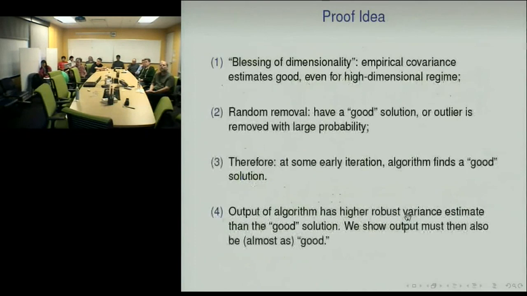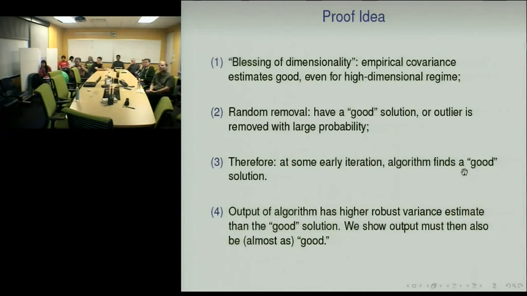Okay. So what's the proof idea? The proof is a bit lengthy, but there are several key points. So one key point is the blessing of dimensionality. So high dimensions, instead of thinking about it as a bad thing, it's really a good thing. And the reason that it's a good thing is that, well, we know how to use the law of large numbers and concentration inequalities when you have many samples.